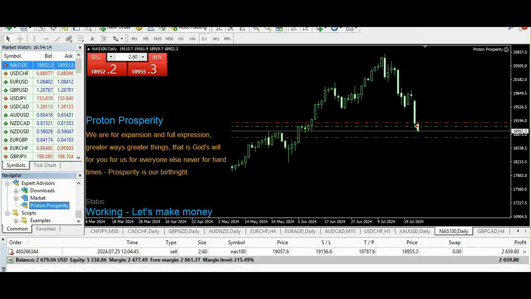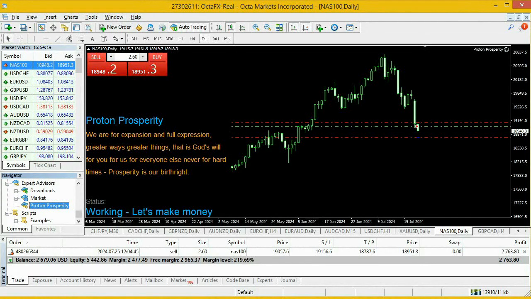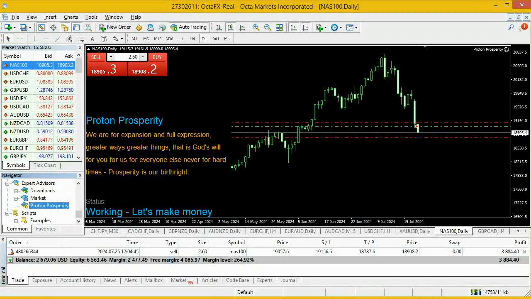This is where we are, almost 5 hours into the trade. A couple of minutes later, we are below the halfway mark.